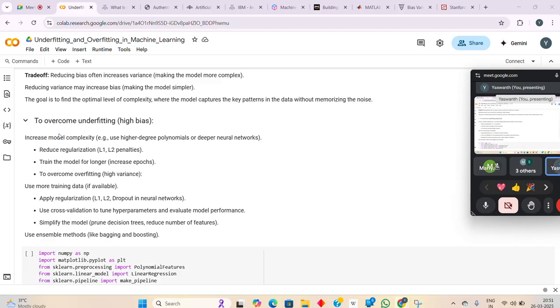That is a penalty. Simple concept. We reduce that regularization. Remember this point. If you want to overcome underfitting, these are the steps: reduce the regularization, and train the model for longer.